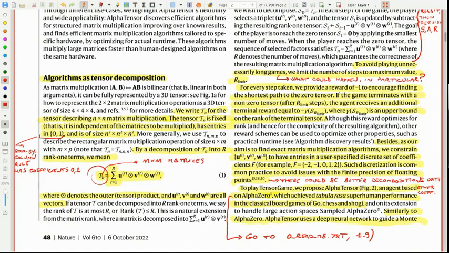Now, assume that your tensor can be decomposed as a certain sum of decomposable tensors, meaning this kind of tensor. This is a rank 1 tensor, right? So assume that you can find such a decomposition. Then theorem, and since we are short of time, I will not prove it to you.